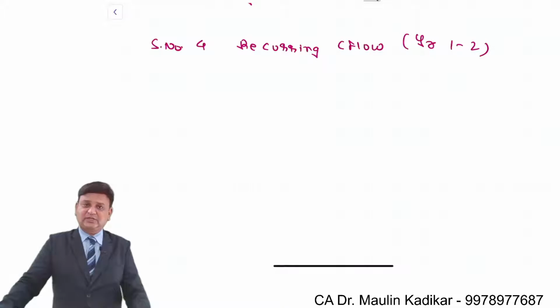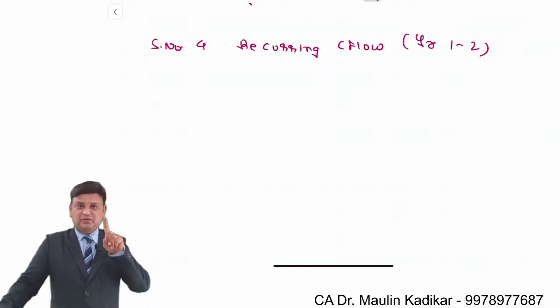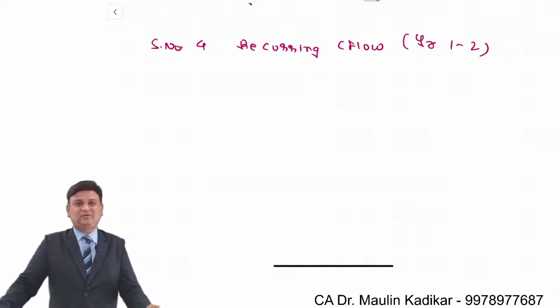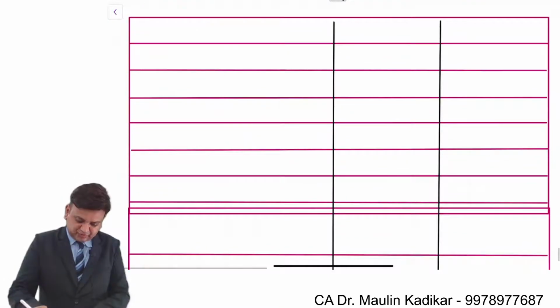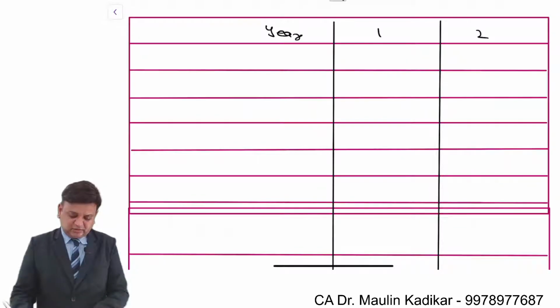I want you to calculate the recurring cash flow for the first year. Try to answer on your own, then I will do the working for you. So let us see how to make the calculation. I request all of you to start writing that answer along with me.